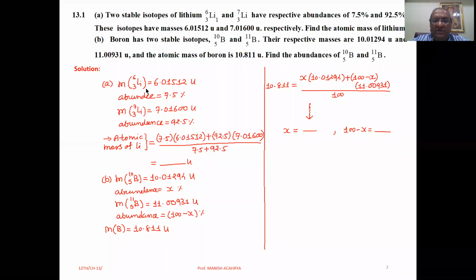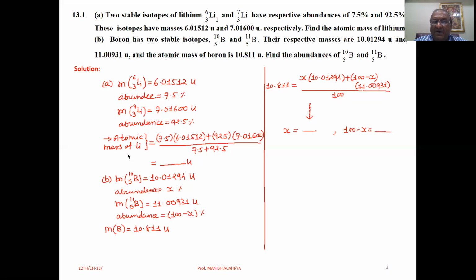Now see, mass of lithium that is given to you for 3Li6, it is 6.01512 U. Okay, and its abundance that is 7.5%. Mass of 3Li7 that is 7.01600 U. Its abundance that is 92.5%.